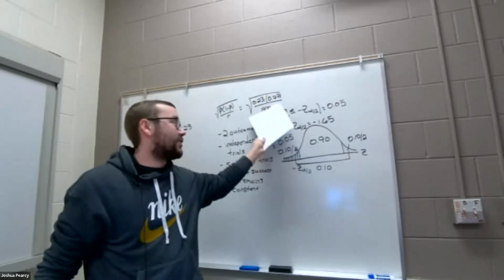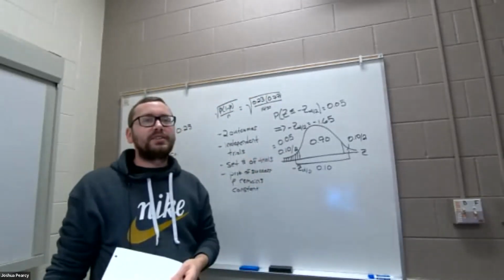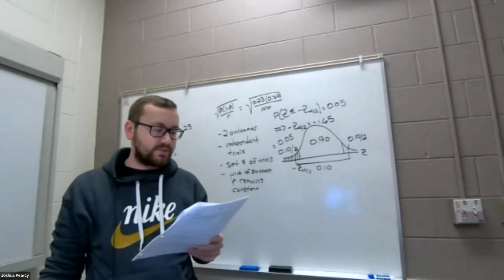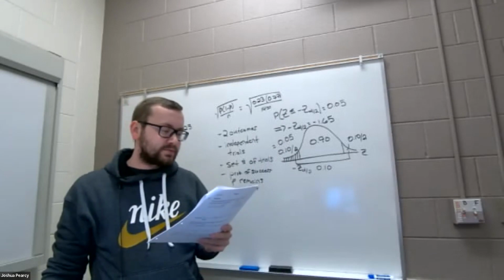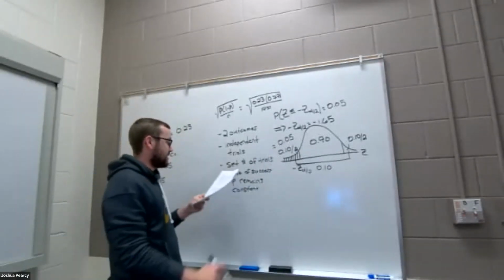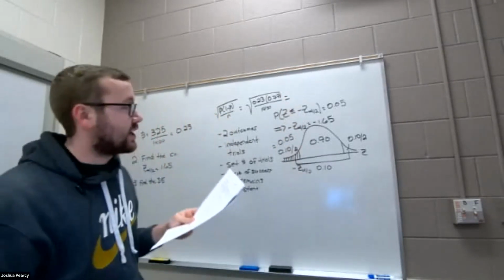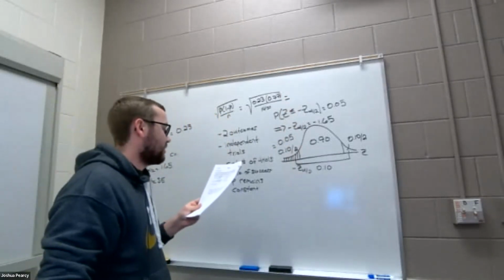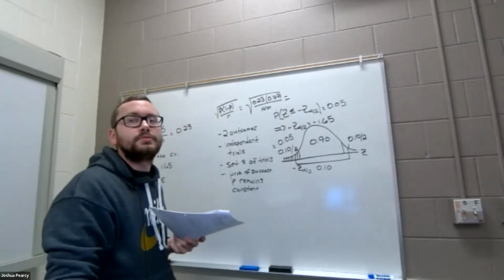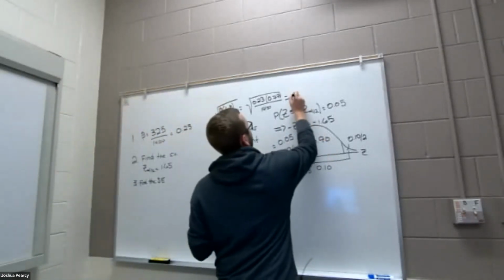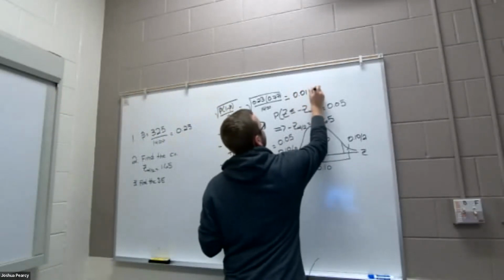Because you're missing the square root on this part, so it's going to be greater than it should be by a factor of the square root of 1400. Then this is your standard error, and I have no idea what that is as a decimal. Will someone tell me? 0.0112. Cool.